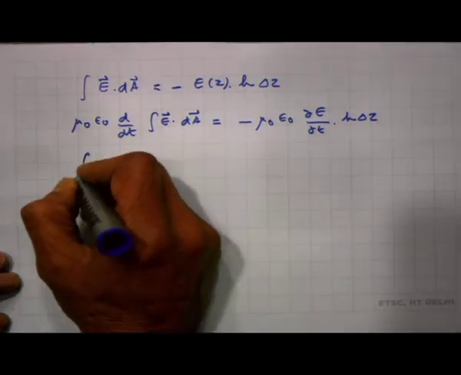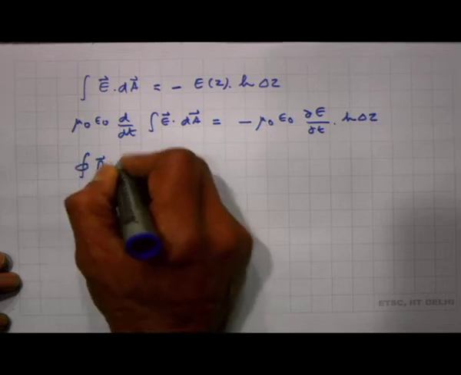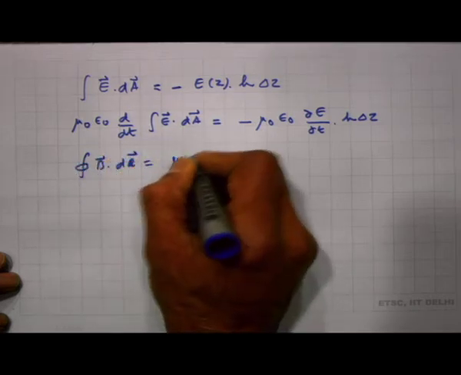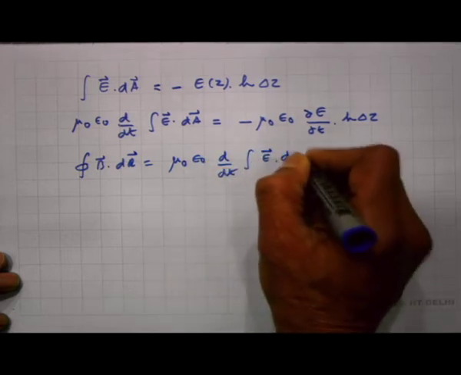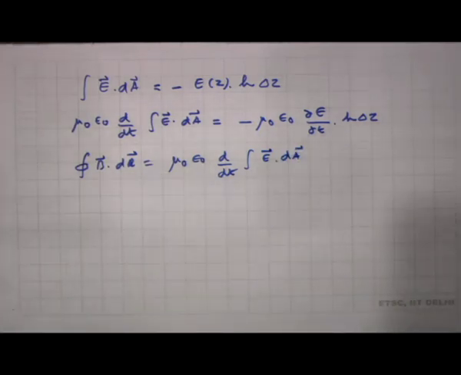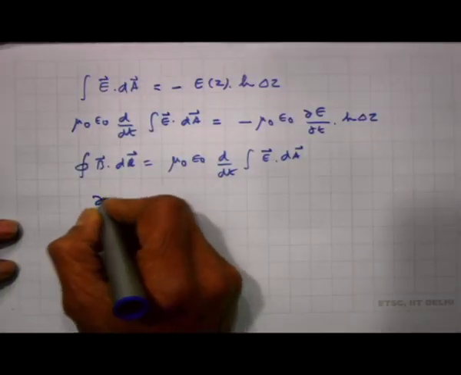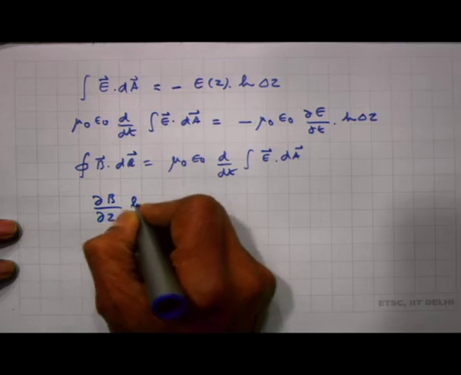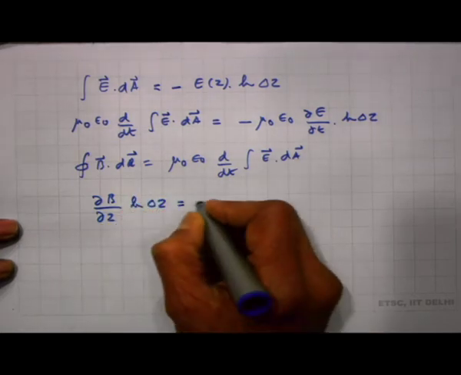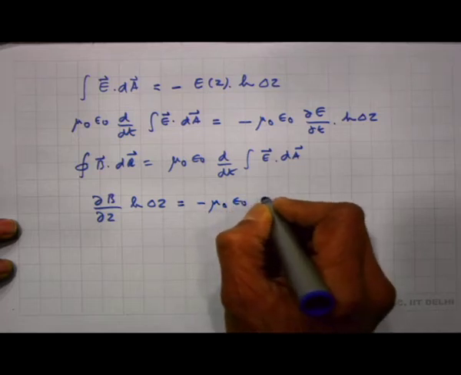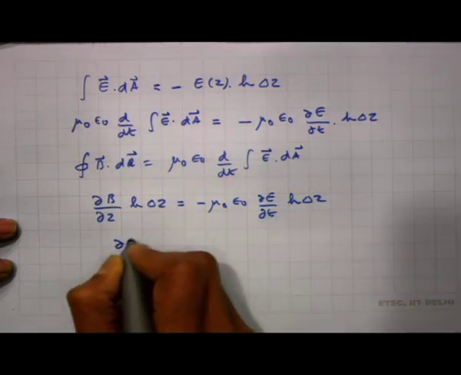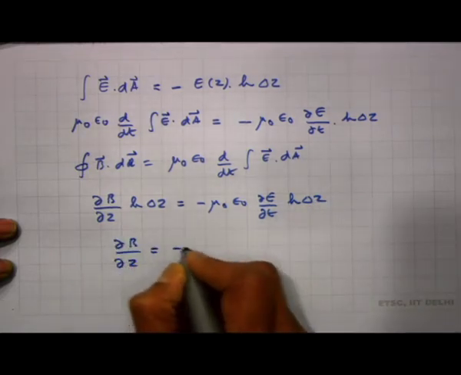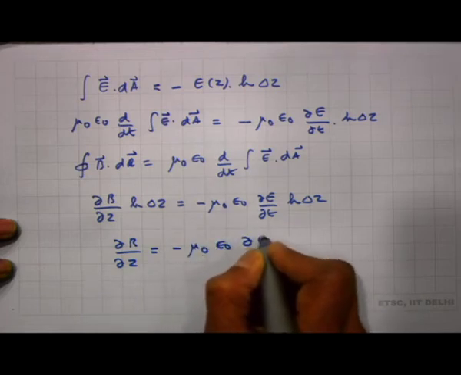So, I substitute both of them into this integral form of Ampere's law, integral B dot dl equals mu naught epsilon naught d by dt of integral E dot dA. I just calculated the B dot dl integral. So, the B dot dl integral is del B by del z h delta z, which is equal to minus mu naught epsilon naught del E by del t h delta z, which implies del B by del z is equal to minus mu naught epsilon naught del E by del t.